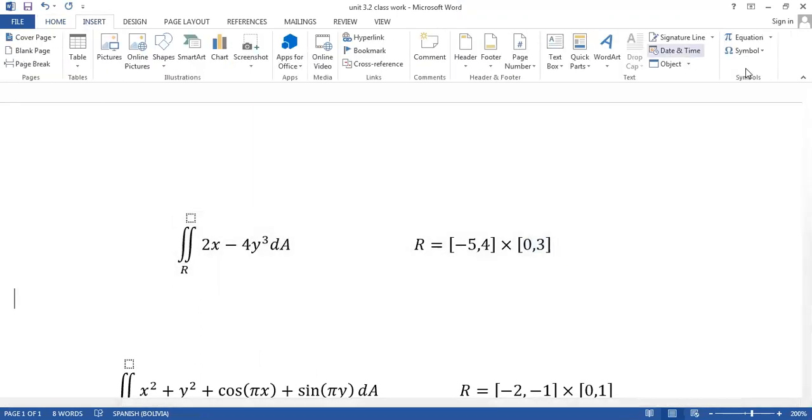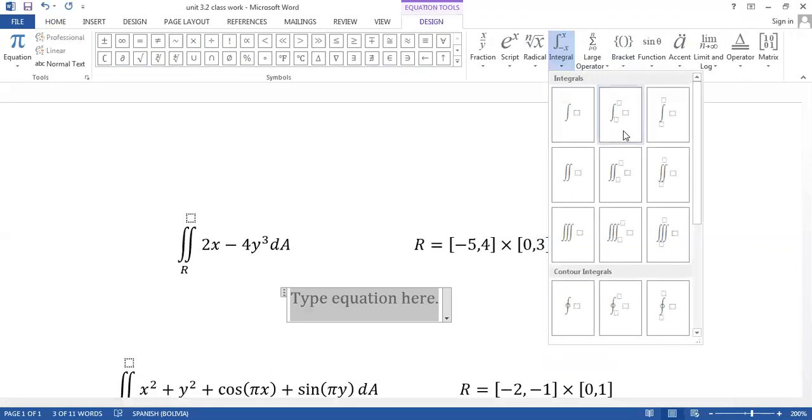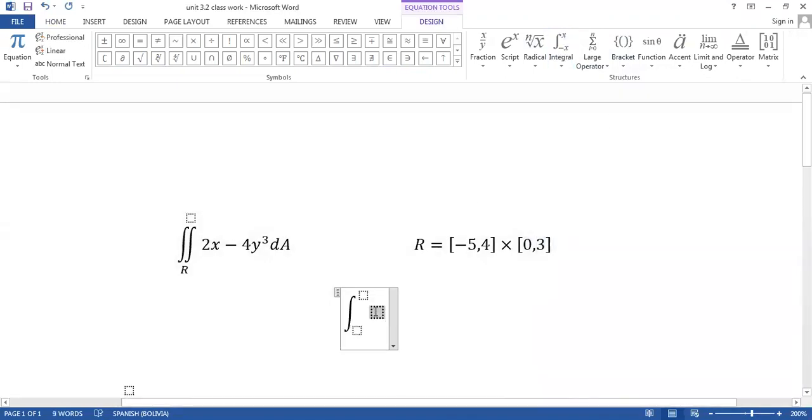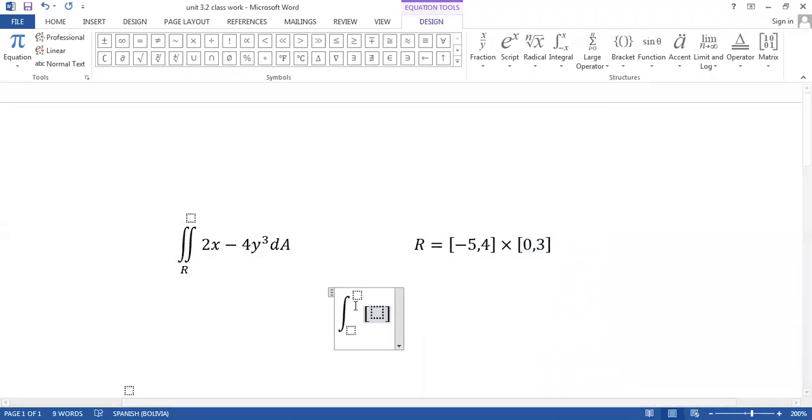For this one, of course, these are our x values and these are our y values. So I'm going to integrate, and then I'm going to do this. And what we're going to do is work our parentheses first.